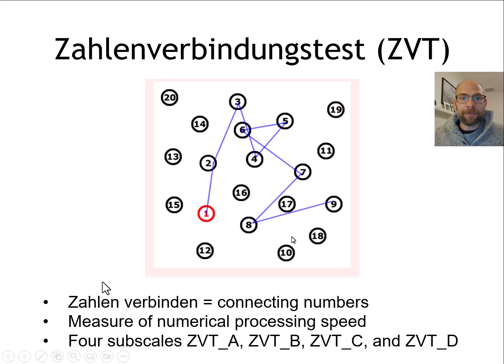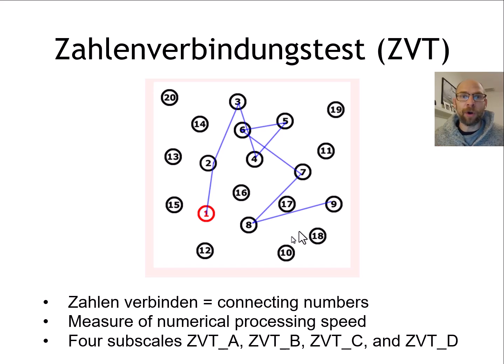The goal here is to connect numbers that are randomly scattered around a piece of paper in the correct order, so 1, 2, 3, 4, 5, and so on, as fast as possible. For example, the students are given a minute, and then they have to connect as many numbers as possible in the correct order, and the score is how many numbers they were able to correctly connect in that given amount of time.